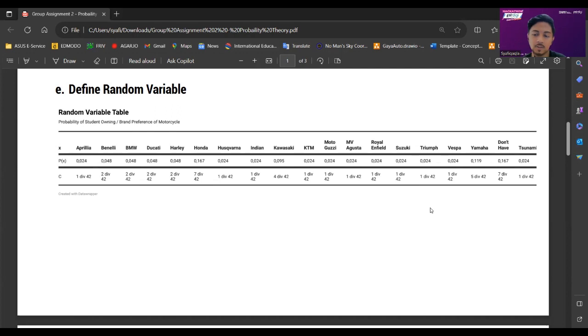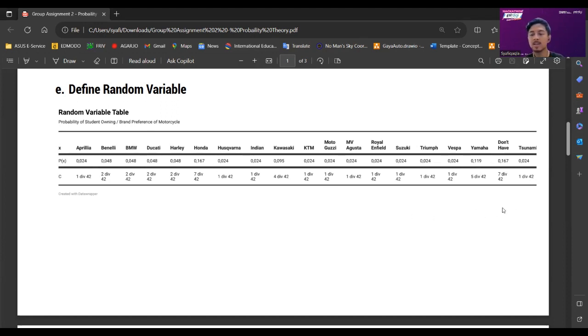In the Don't Have table, we define it as students that don't have a motorcycle. Accidentally, the number of students that don't have a motorcycle is the same as Honda motorcycle, so we just need to divide 7 by 42 also.